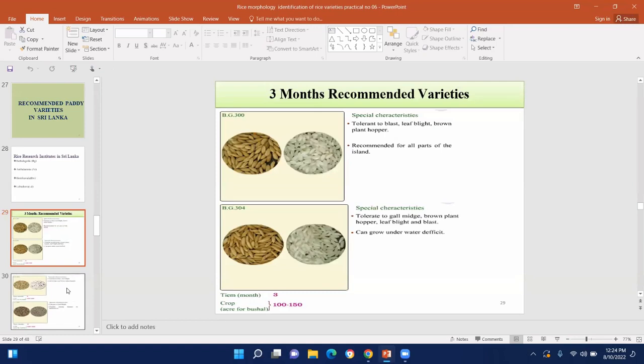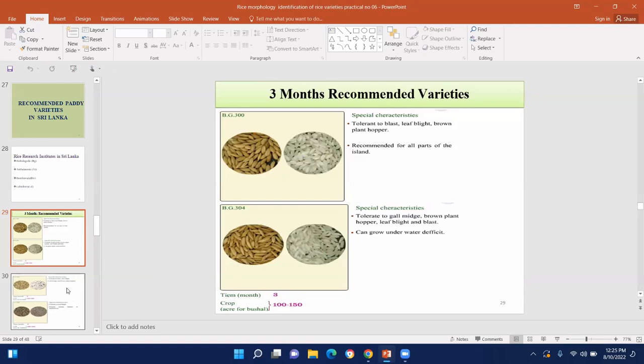You can see the color and size of the paddy grain, and you want to identify it in the spot exam using the color and size. Special characteristics: tolerant to blast. Blast means rice blast, one of the major diseases in Sri Lanka nowadays. So this variety is tolerant to rice blast and leaf blight.